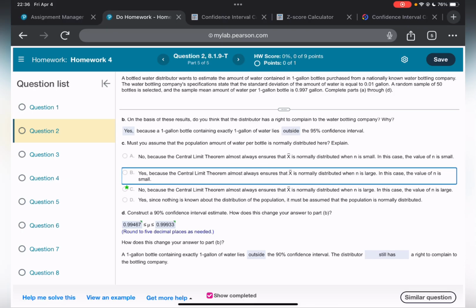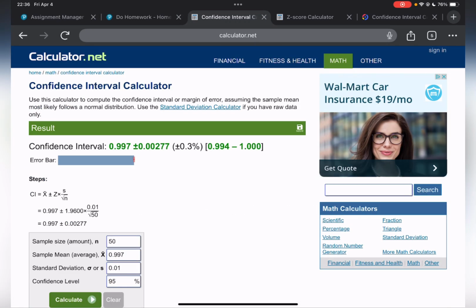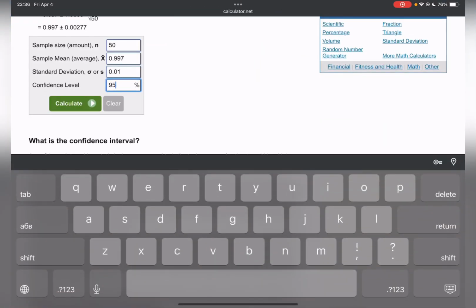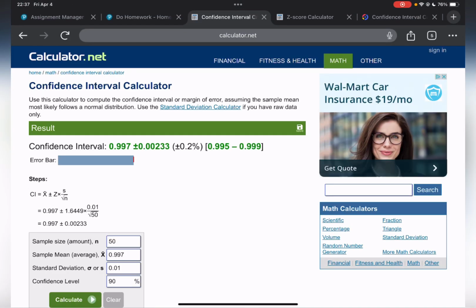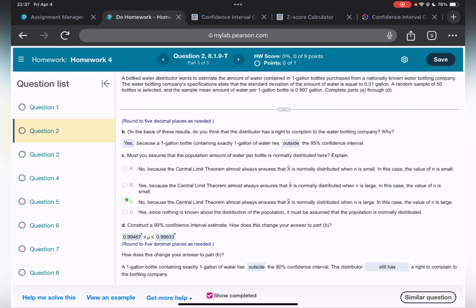Now, the same thing we're going to do, construct for 90%. Everything is going to stay the same, but instead of 95, we're going to put 90%. And we are getting 0.995, rounded, and 0.999.